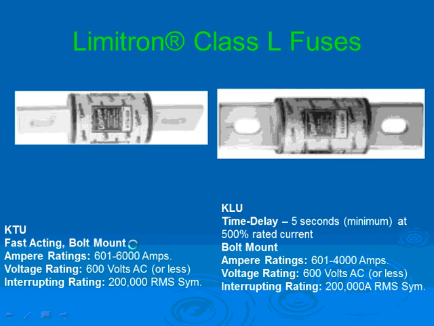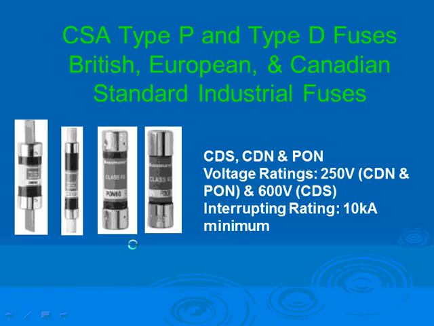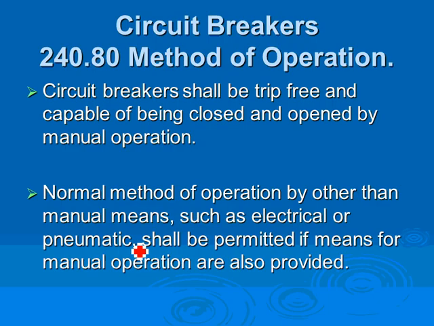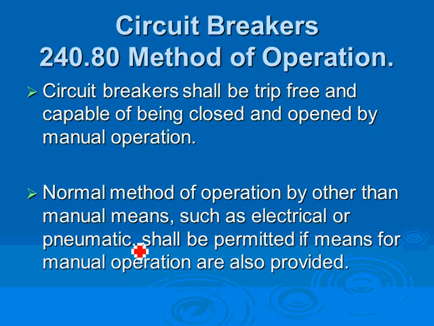A couple of others, and I believe L is a feeder. It can also be time delay, 5 seconds delay up to this. You could use it on motors too. Anyway, all these fuses, guys, tons of fuses, will get you what you want. Any comments, guys? Any questions about fuses?